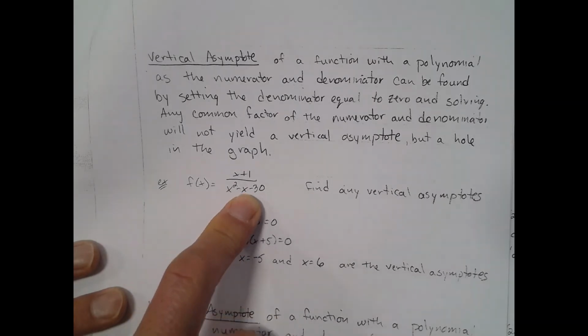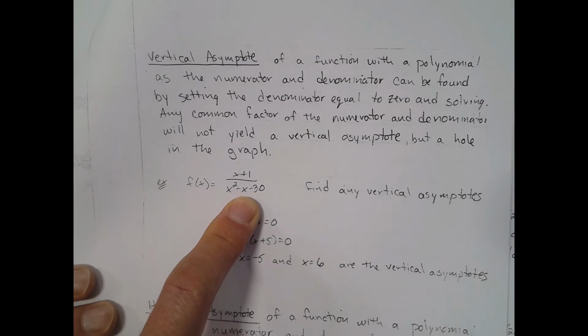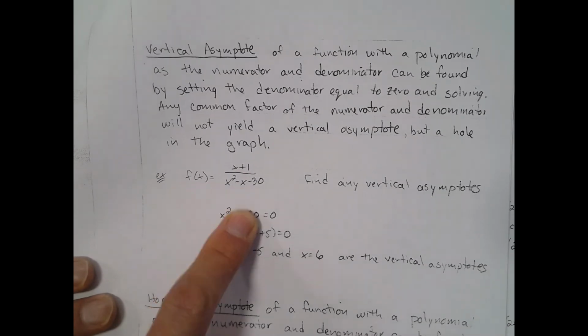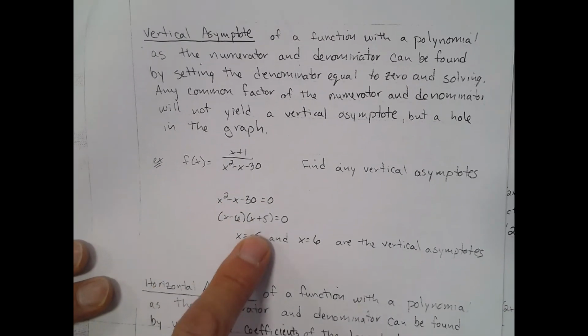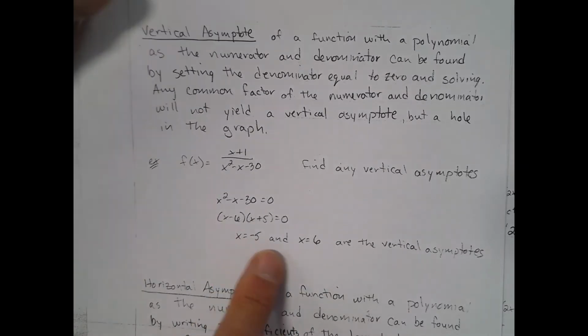So if I want to find the vertical asymptote, all I do is find out what x values are not in the domain. So x squared minus x minus 30, we can find when that is equal to 0, and we get it at -5 and 6.